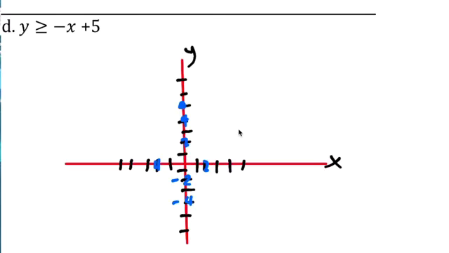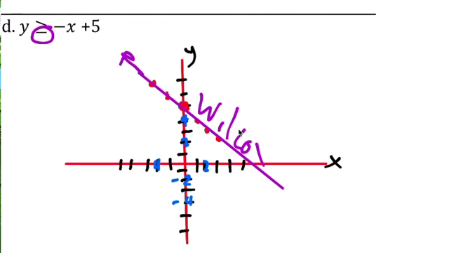Right here is 5, and you go down 1 over 1, down 1 over 1, and you go the other way, up 1 over 1, up 1 over 1, right? And then you have a nice solid line because of this equal to. Nothing broken. And write your name on top. So on your paper I should be seeing your name, not my name.